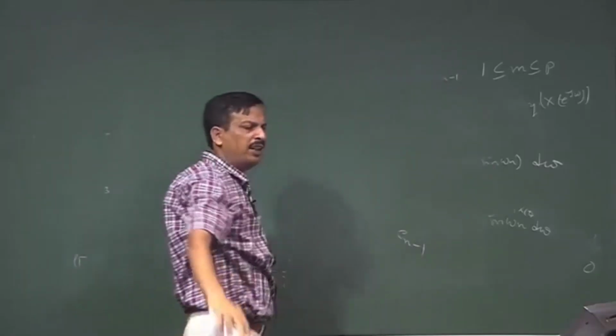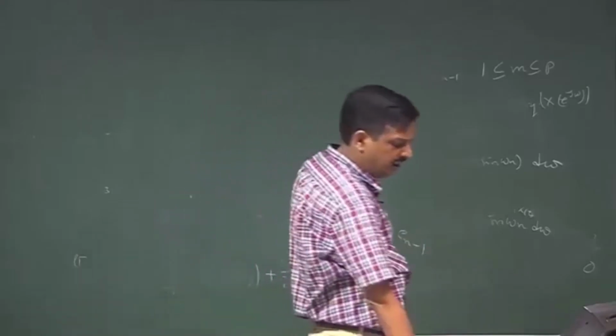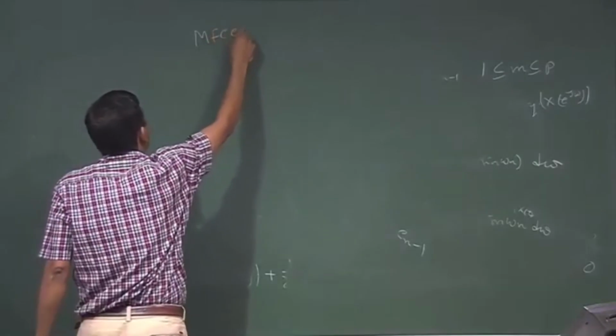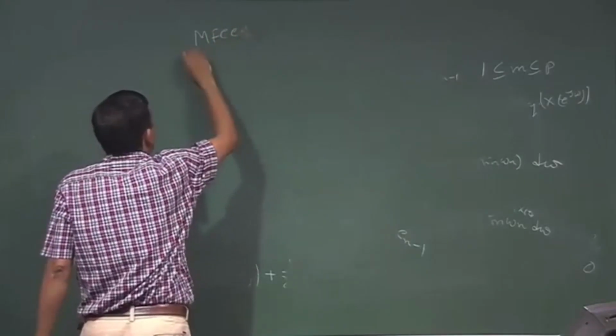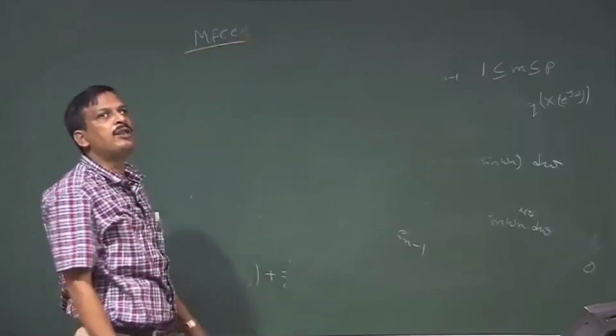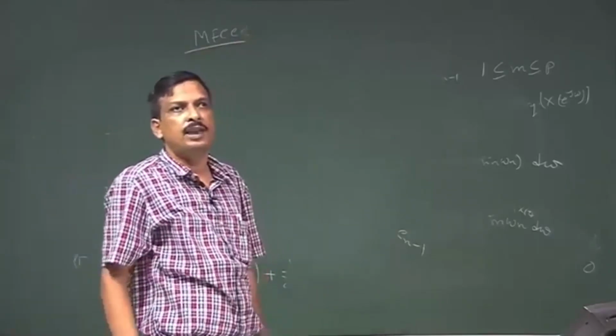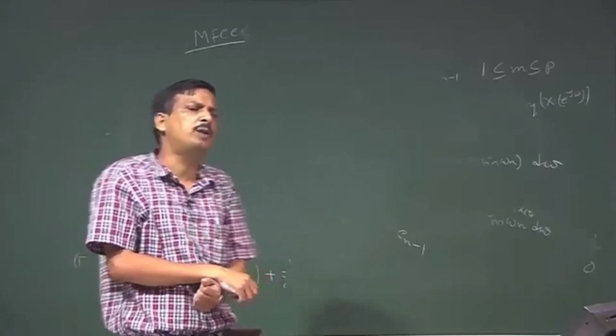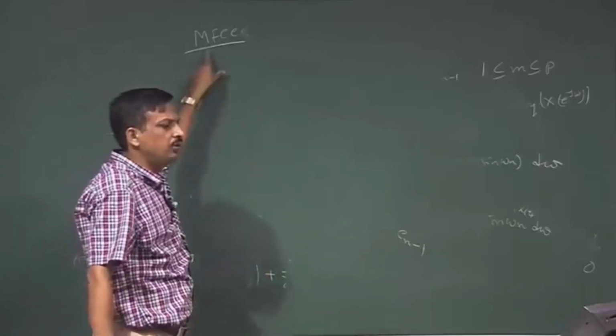There is a lot of information in the slide. I am not going into the details of the slides. I just give you the gist. Mel frequency Cepstral coefficient, popularly known as MFCC, is the most used parameter in speech applications. MFCC is used in most of the cases.